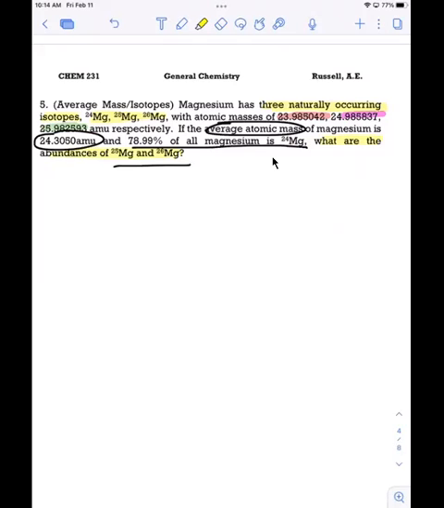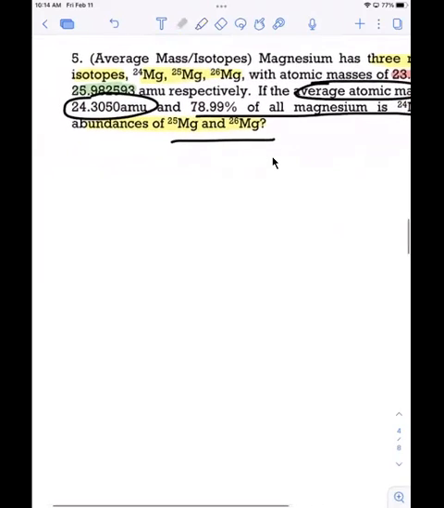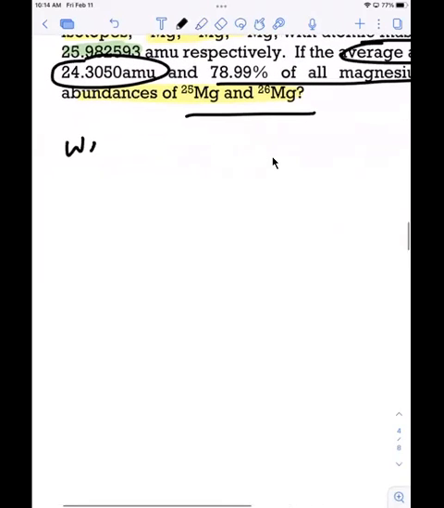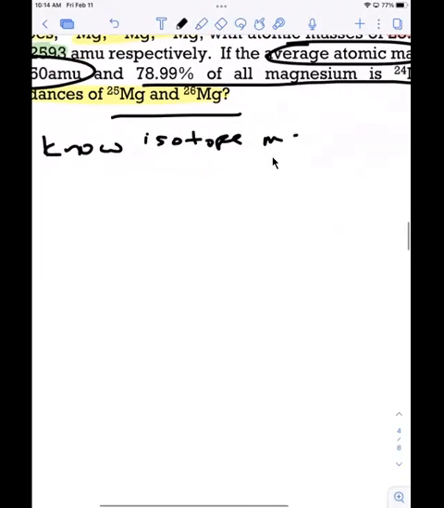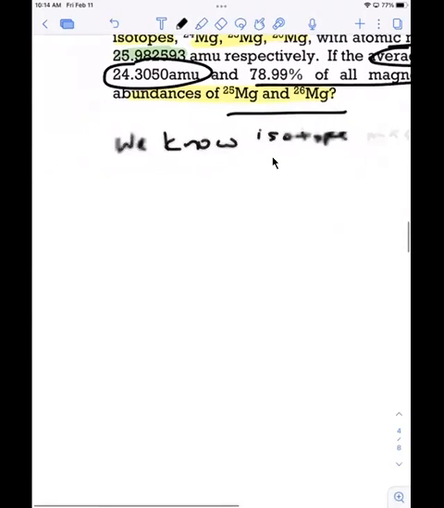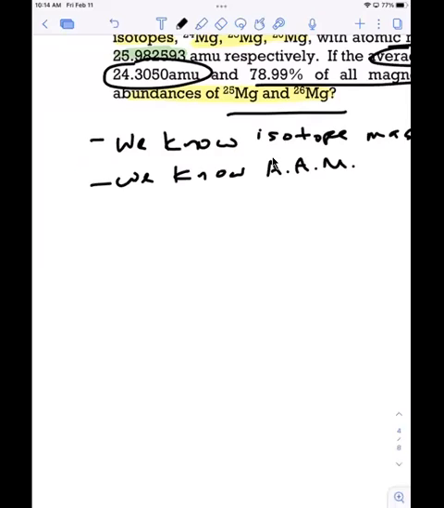So we have one fraction. We know the isotope masses. We know the average atomic mass, I'm abbreviating that for space.